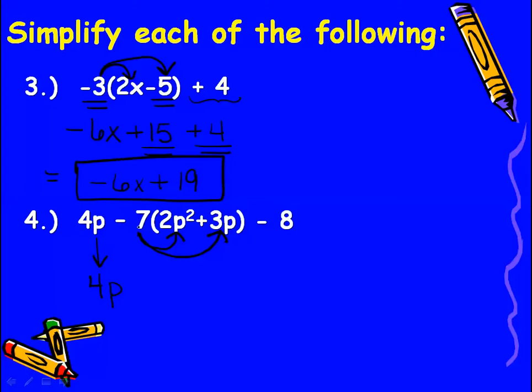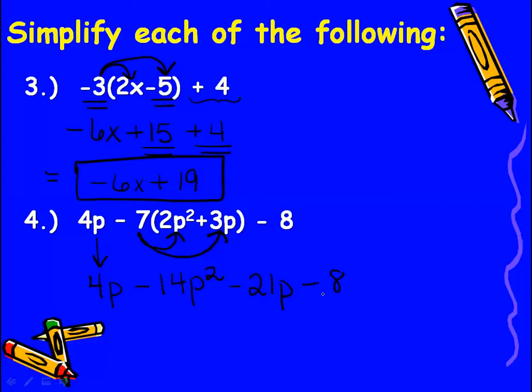So it's negative 7 times positive 2, which is negative 14p squared. So I'm going to write minus 14p squared. Then I have negative 7 times positive 3, which is negative 21p, or minus 21p. And I bring down the minus 8 at the end.